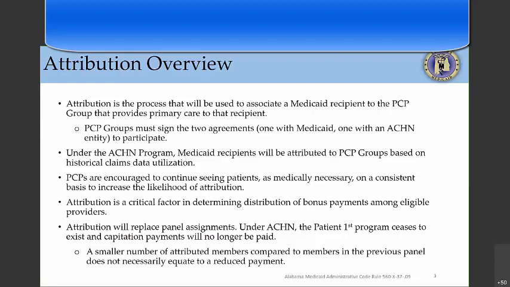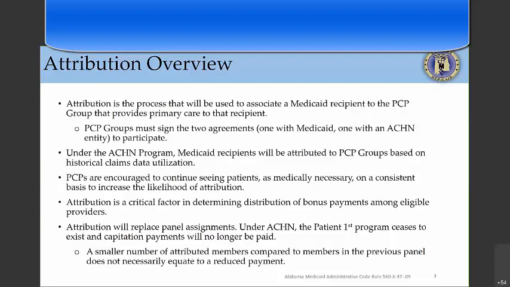PCPs are encouraged to continue seeing patients as medically necessary on a consistent basis to increase the likelihood of attribution. Attribution is a critical factor in determining distribution of bonus payments among eligible providers.